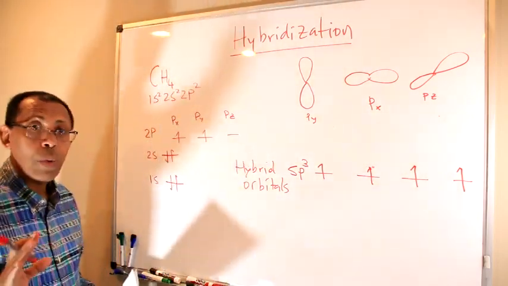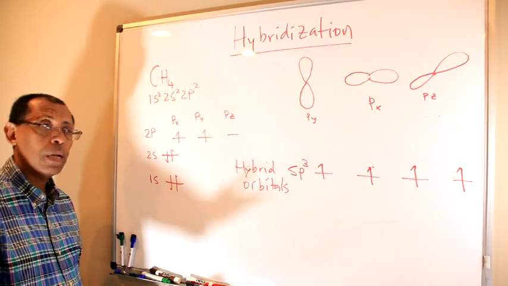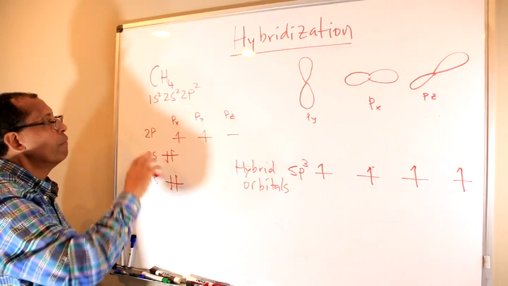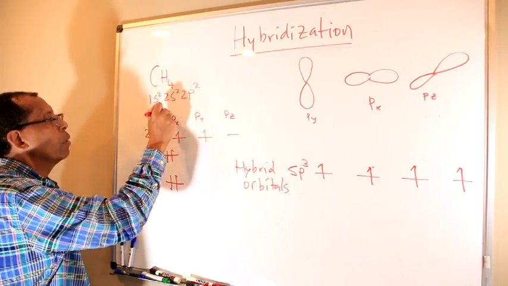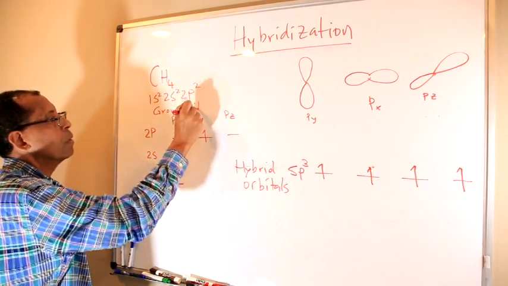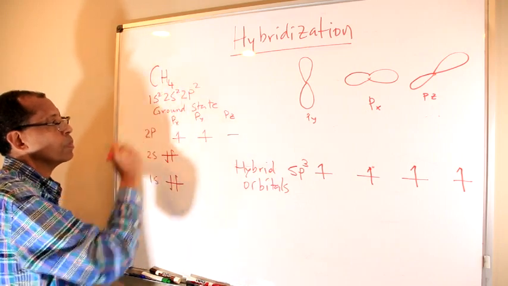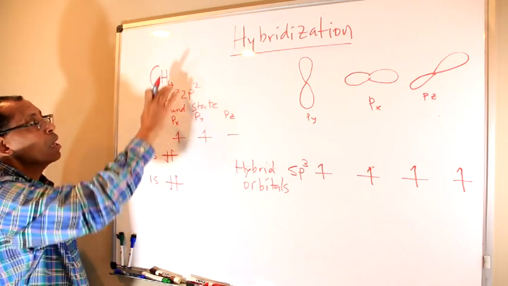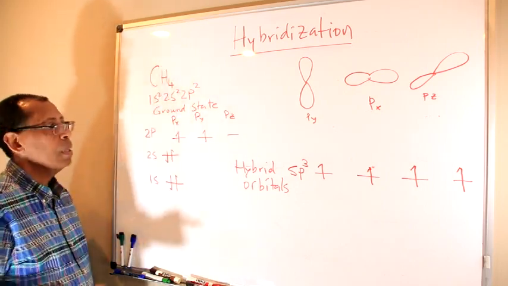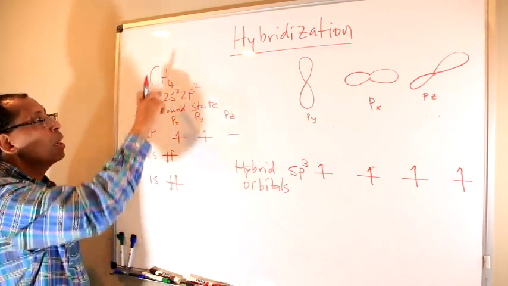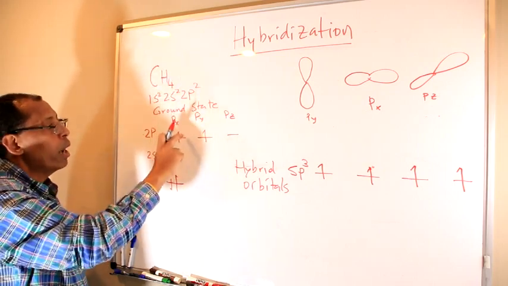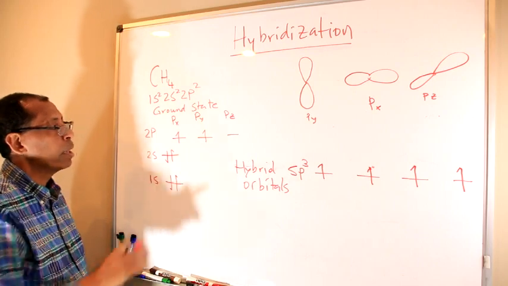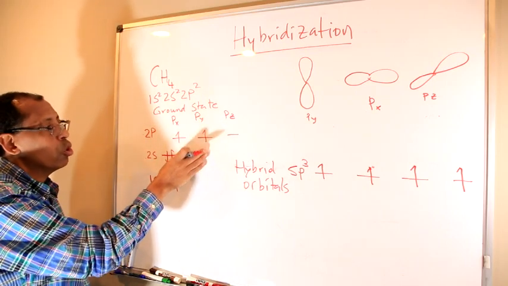Now, to review so that you will not forget, this is the ground state configuration. The ground state configuration doesn't allow you to make CH4, because the only thing you can pair up is a maximum of 2 hydrogens, with 1 electron coming from each hydrogen. Therefore, you can only make CH2.